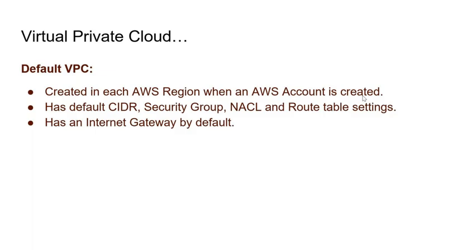What does a default VPC contain? It has a default CIDR range, that is /16. We just saw the /16 in the VPC address. A default security group will be created, which you saw, a default NACL will be there, a default route table also will be there, and an internet gateway will also be there by default.